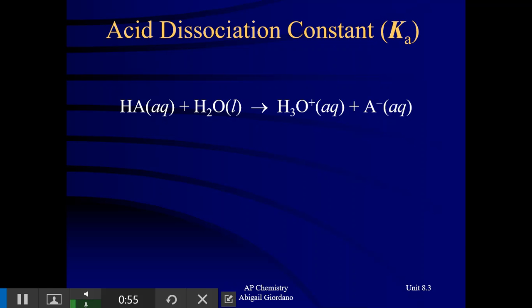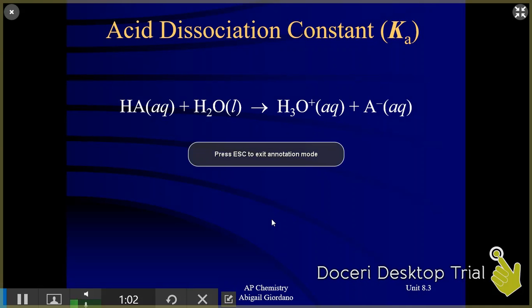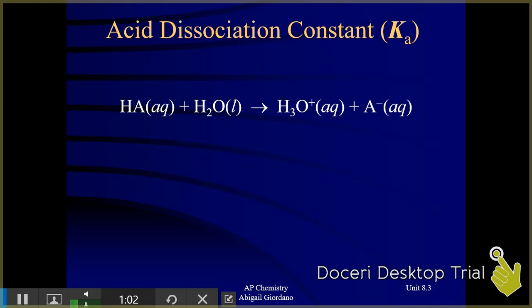Remember, guys, that a Bronsted-Lowry acid is a substance that donates a hydrogen ion, so sometimes it's called a proton donor. And a base is something that accepts that proton or that hydrogen ion. So in this circumstance, this is my acid. Water is acting as the base.